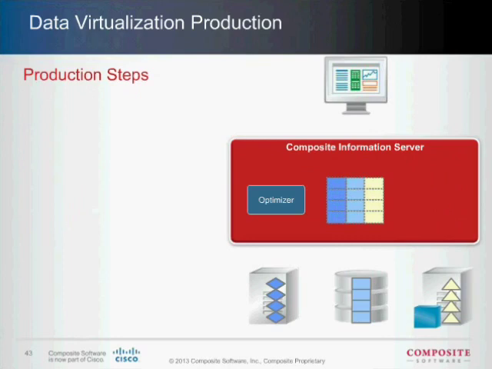In this case, the optimizer brings data in from multiple sources and then delivers that to the client in the form that was created in this view. This optimization is probably the key point for the data virtualization platform so that you can get up-to-the-minute data with performance that meets your needs and you have not had to move the data into a single location.